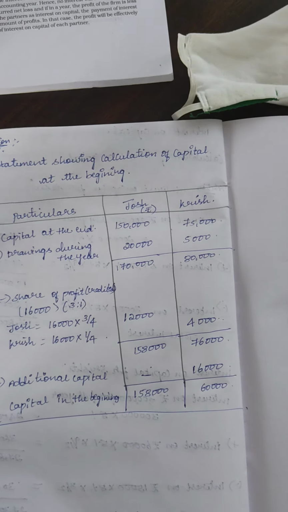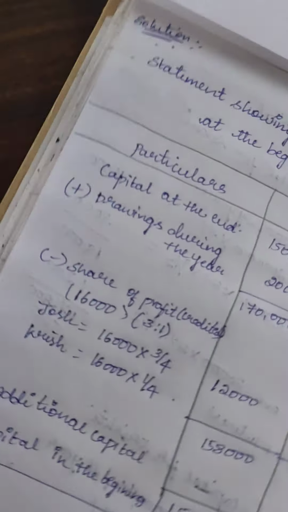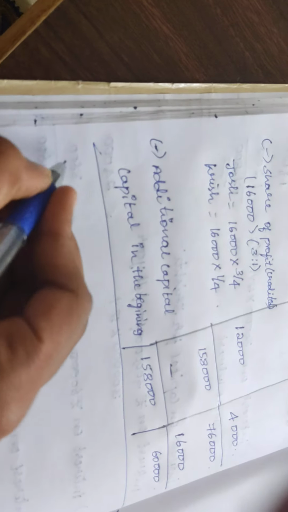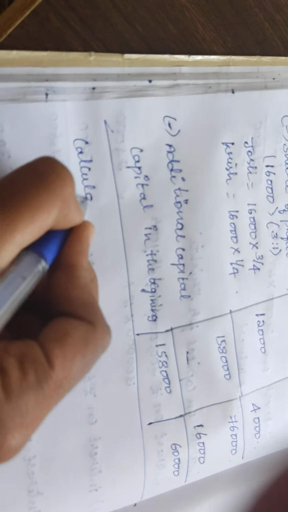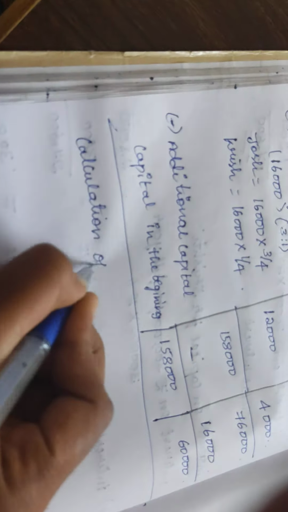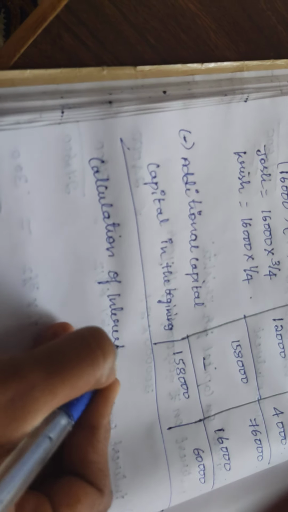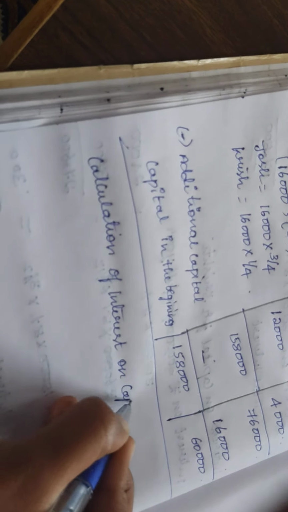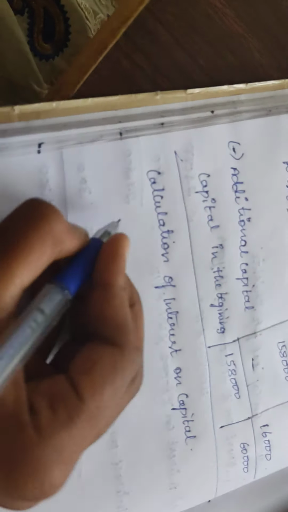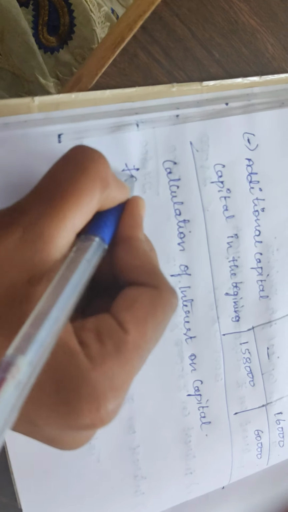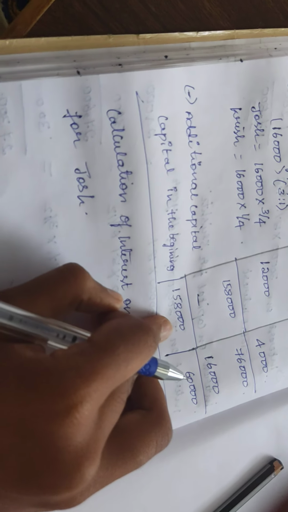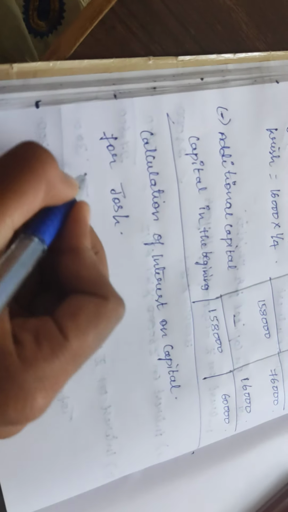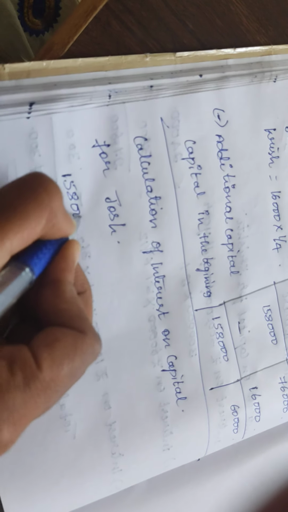Now, as per the question, we have to calculate the interest on capital. So our main question is calculation of interest on capital. Let us calculate the interest for Josh. The capital in the beginning of Josh is 1,58,000.